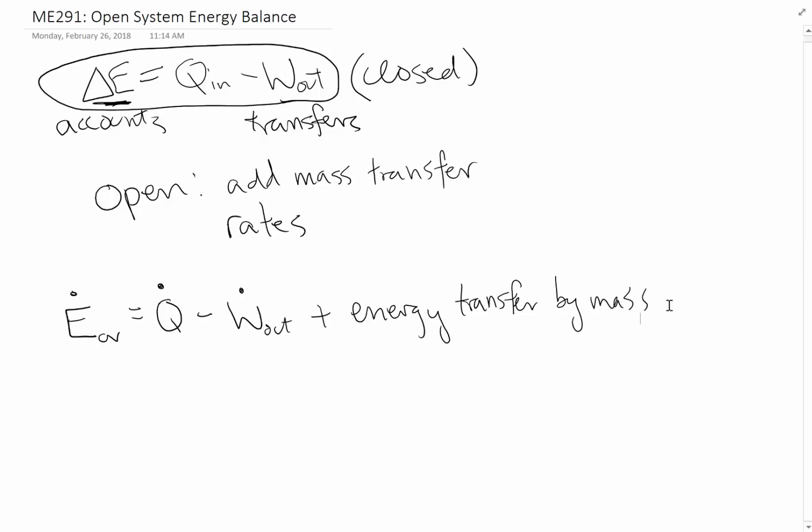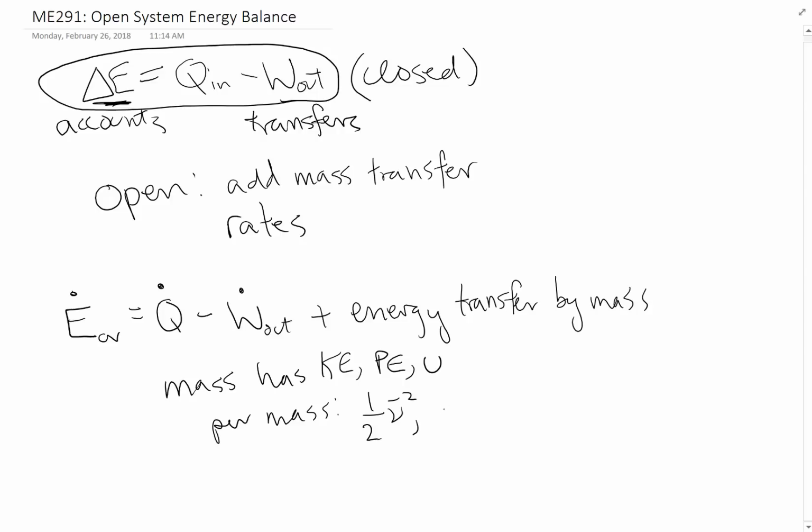So the question becomes, how do we represent the energy transfer by mass? The key is to remember that mass, if it's moving, has a kinetic energy, has a potential energy, and also has an internal energy. When we do it on a per mass basis, kinetic energy becomes 1/2 v squared instead of m v squared.